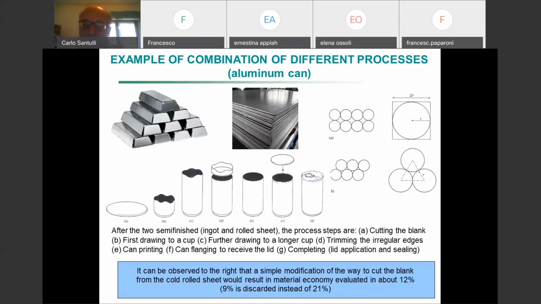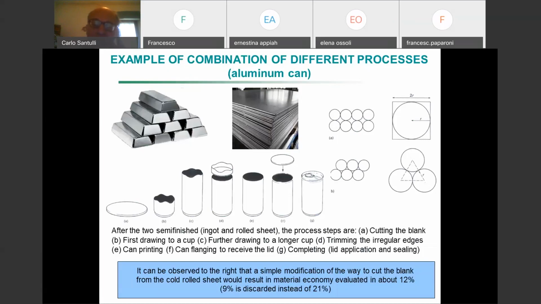I'll go into more details about aluminum alloys and about the types of aluminum alloys that exist, which are a large number. But as I was saying, to complete the can, we need to apply the lid and to close it.